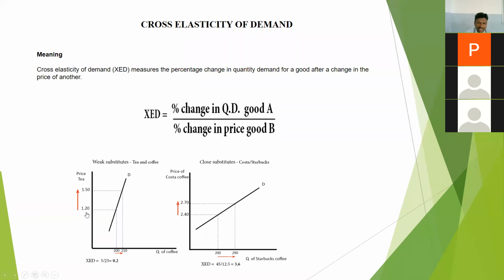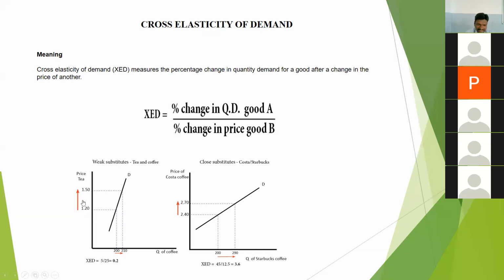Now if we measure 1.2 to 1.5, what is the percentage change? 200 point? No, 0.3, it's not a percentage, that is the quantity. 1.2 to 1.5, the change is 0.3. What is the percentage? 25%.